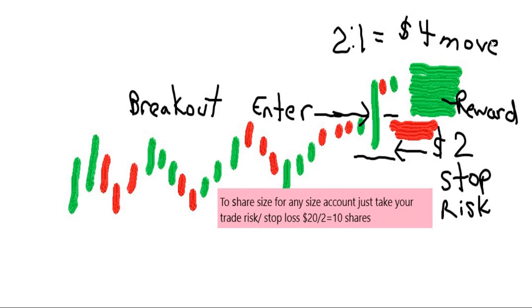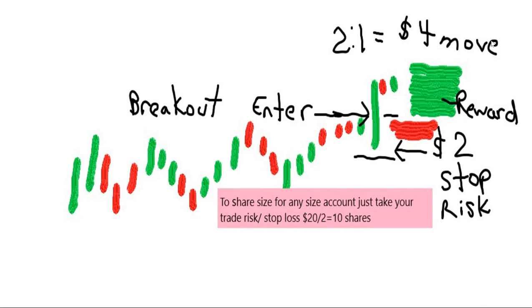This is just a further diagram of that, or a picture of that stop loss rule. So if you were to enter on this chart as a breakout trade, enter on that large green bar over the resistance area or over the ceiling, calculate your risk based on a stop loss under that large green bar. Let's say it was $2.